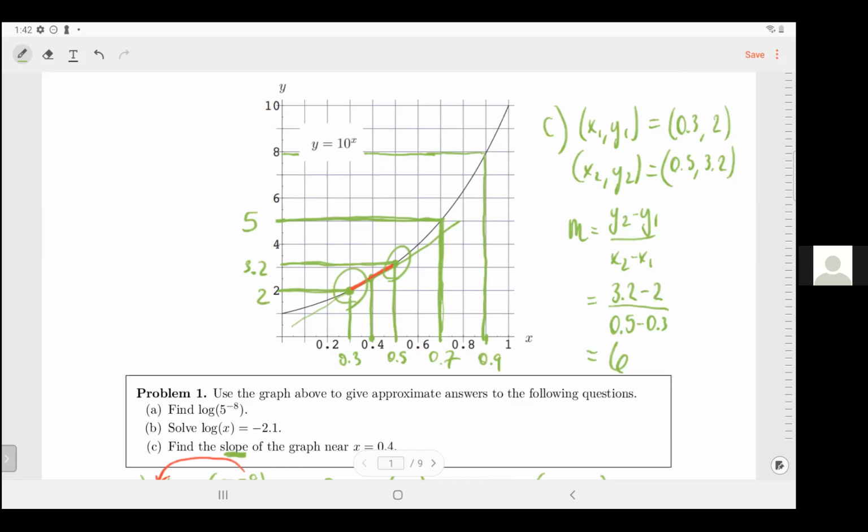So 6 is a decent guess. Turns out the actual one is 5.78, the exact slope. So you might get closer if you plug in numbers closer to 0.4. But there we go. It's kind of clunky working on a tablet, so that's my best guess. Any questions about that one?